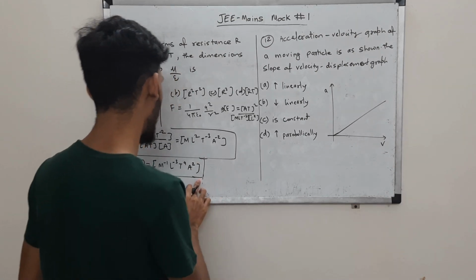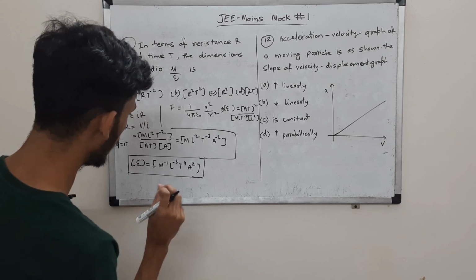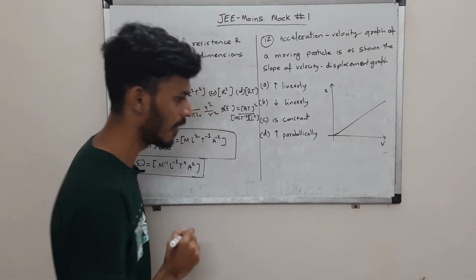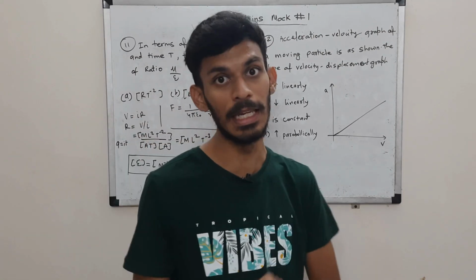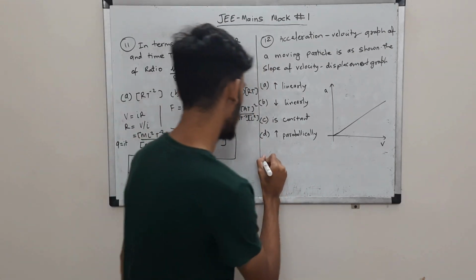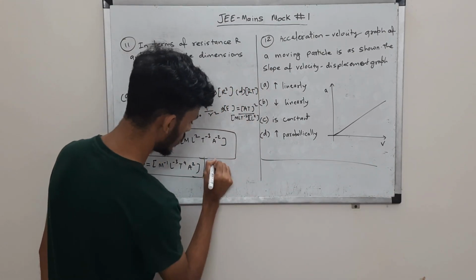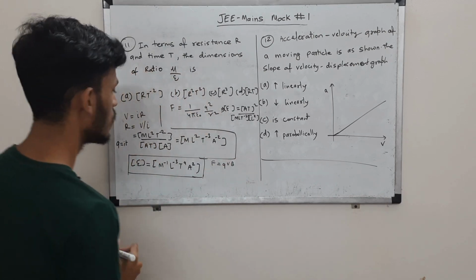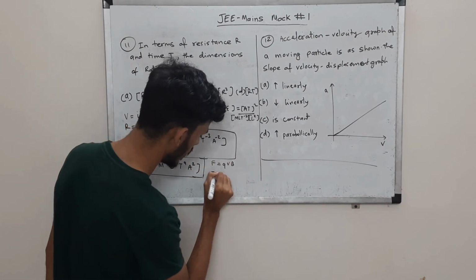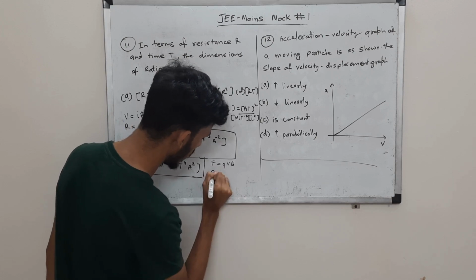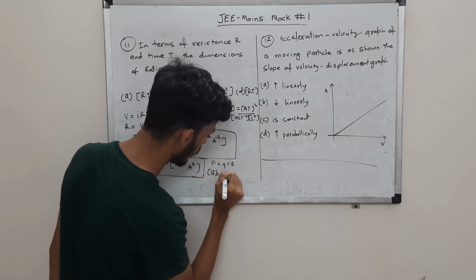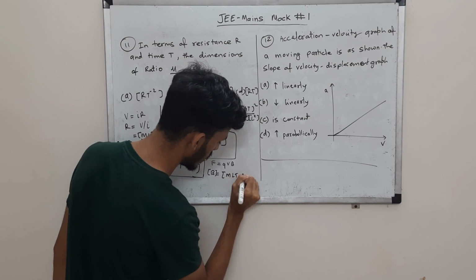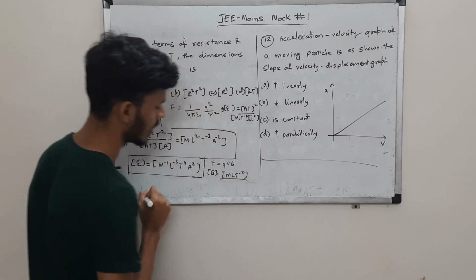Anyways, let's come back. I'll begin by finding the dimensional formula for B, magnetic field. I'll use the formula F is equal to QVB, Lorentz force. I'm just ignoring the sin theta, so B will be F by QV. So the dimensional formula of B is F by QV. F is MLT raised to minus 2, mass into acceleration.